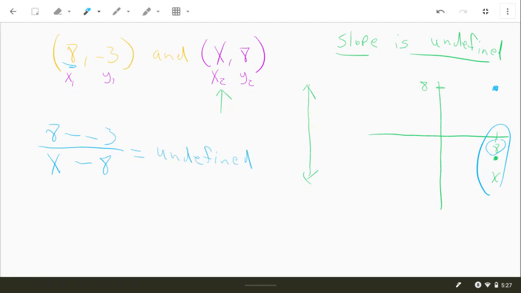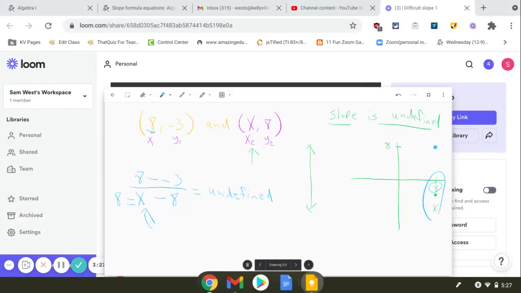The slope is undefined. Well, it's kind of controversial, but in order for this to be undefined, that means that the bottom has to equal 0. That way you're dividing by 0. That's undefined. So that means that the value of x has to equal 8 because 8 minus 8 gives you the 0. All right.